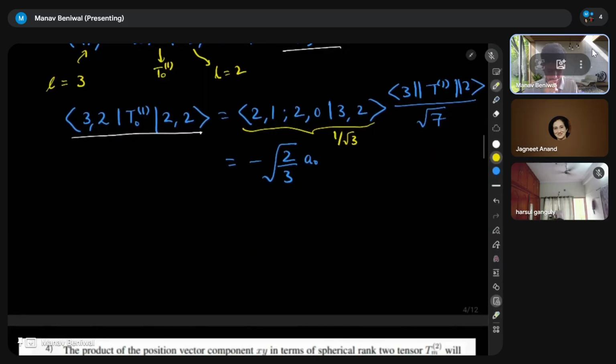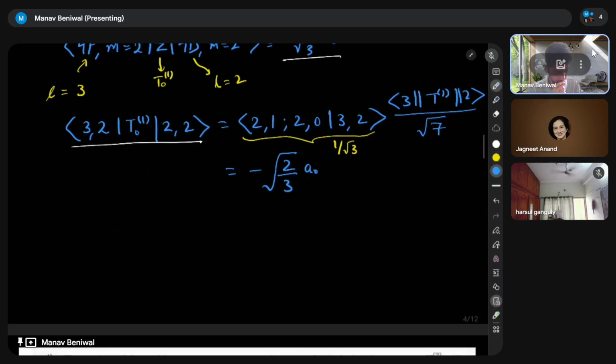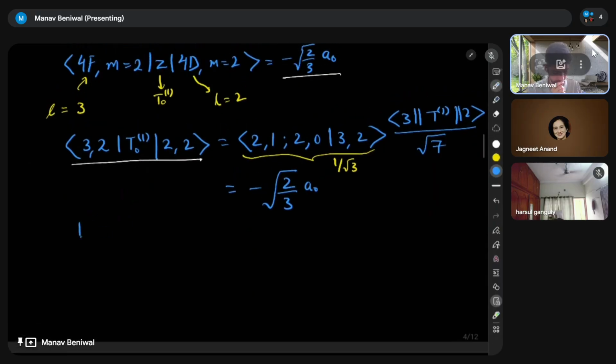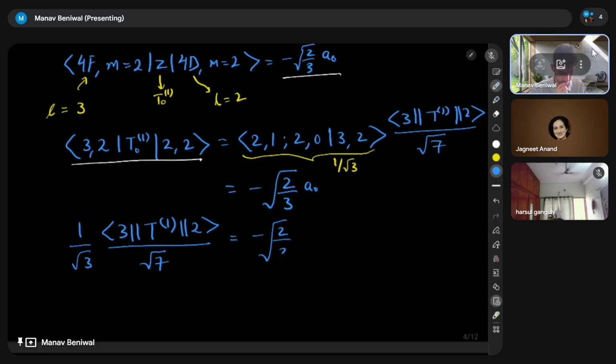So therefore what we have is 1 over root 3, 3 T1 2 divided by root 7, and this is equal to minus 2 by root 3 a naught.